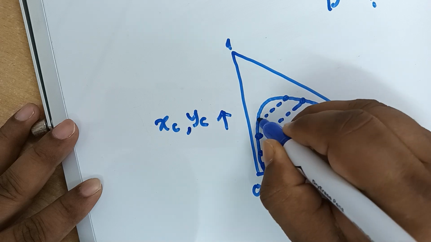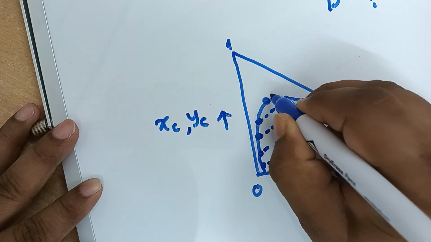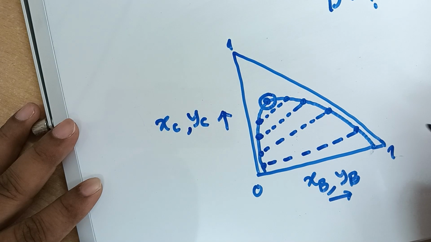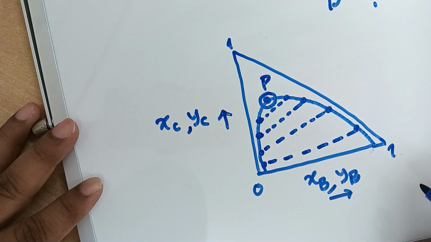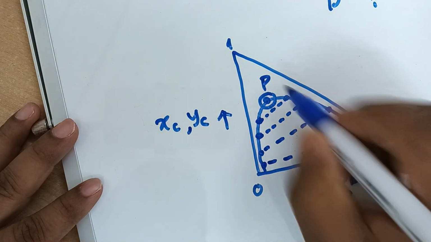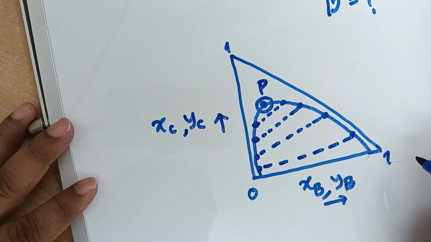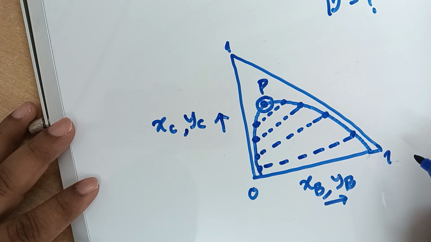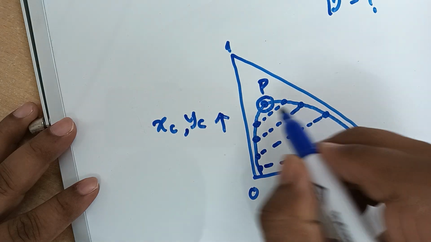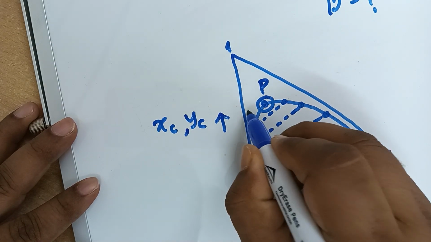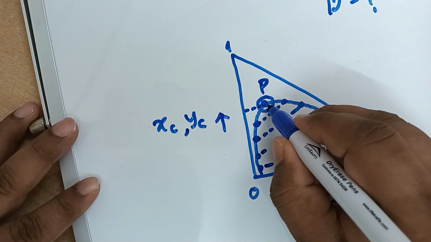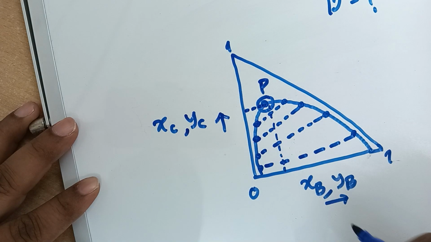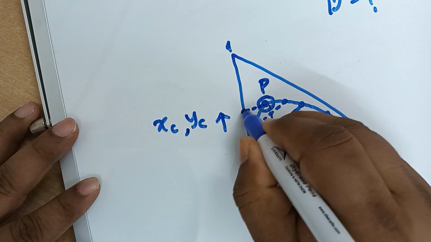Finally we come across a situation where the tie line basically reduces into a point, which is the plait point. Now at this plait point, what will be the value of selectivity? At plait point, if you want to find out the value of XC or YC, it's going to be the same. Similarly, XB or YB is going to be the same.